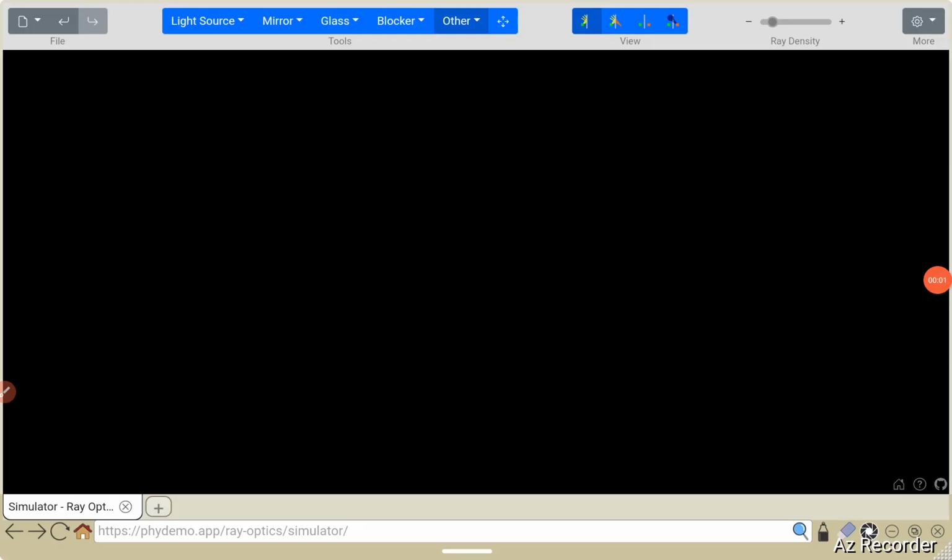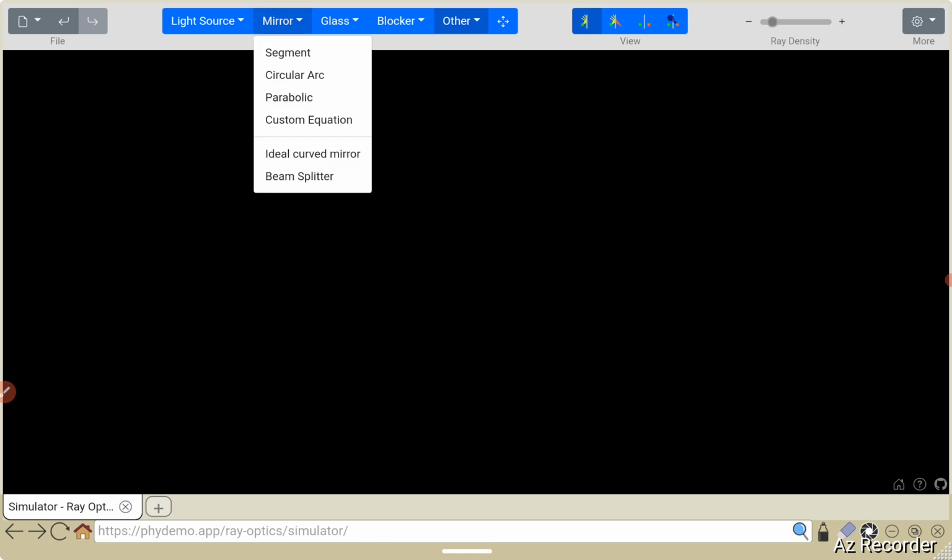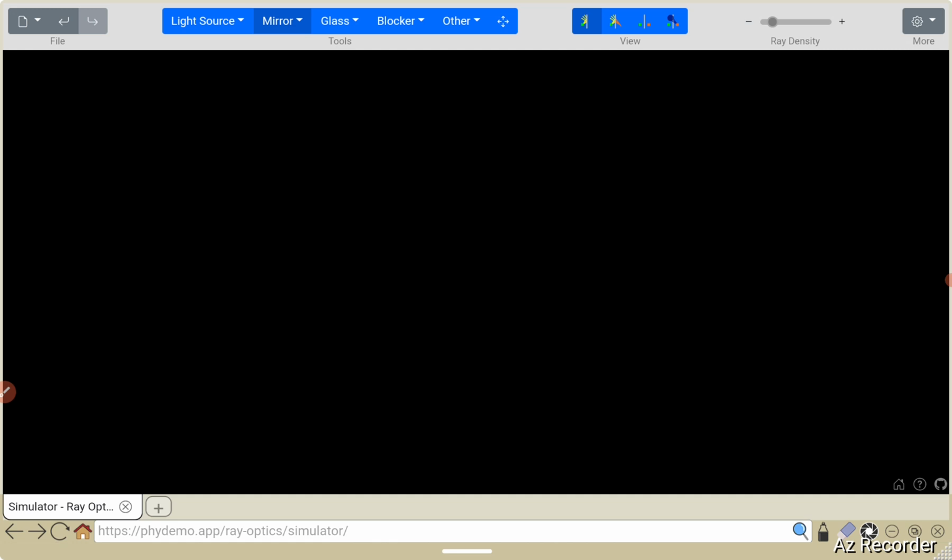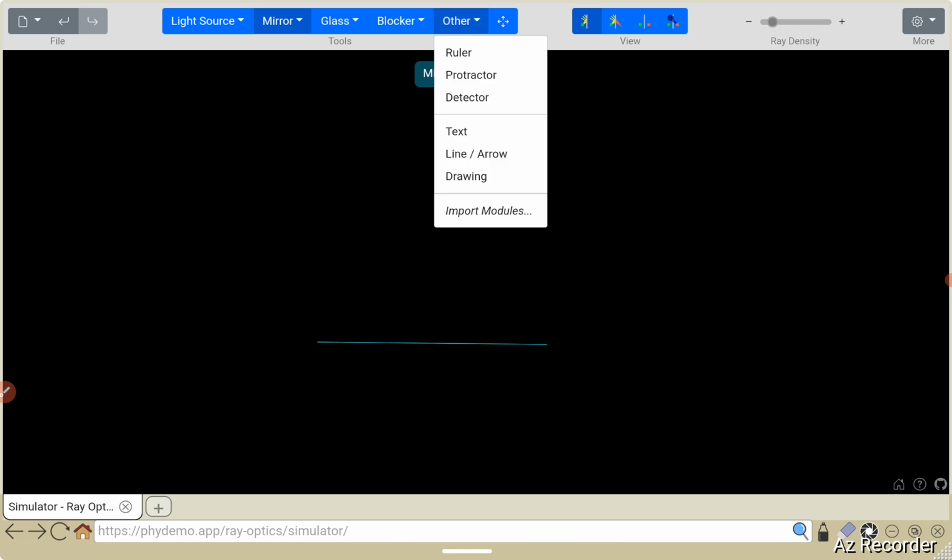Now let's see by using mirror, reflection and laws of reflection. Now I am taking a mirror segment. This is the mirror. Okay, so we need to have incident ray. Before taking the incident ray, I will first take the normal.